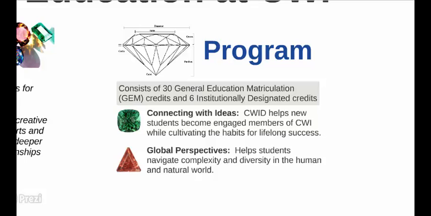Within the Global Perspectives courses, students will learn to navigate the complexity and diversity that defines the human and natural worlds. Both of these courses align to the general education objectives, but because they are not bound by the definitions of a GEM competency, I wanted to start by explaining this part of the GE program.